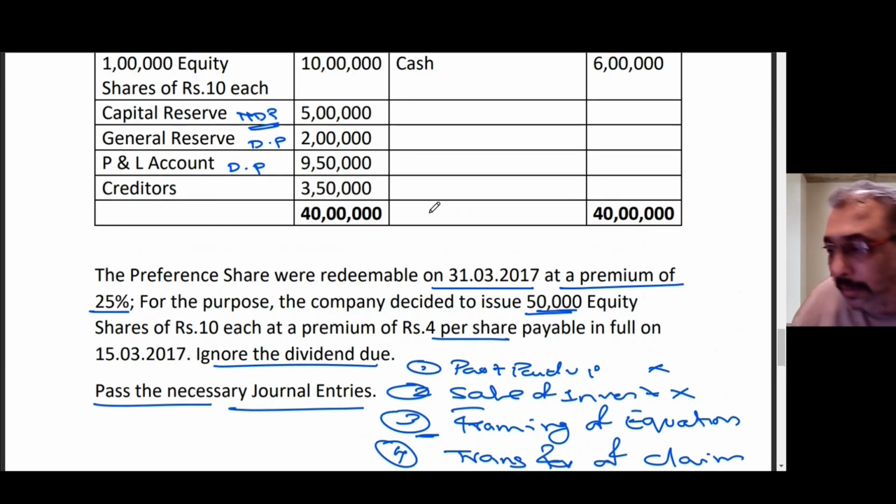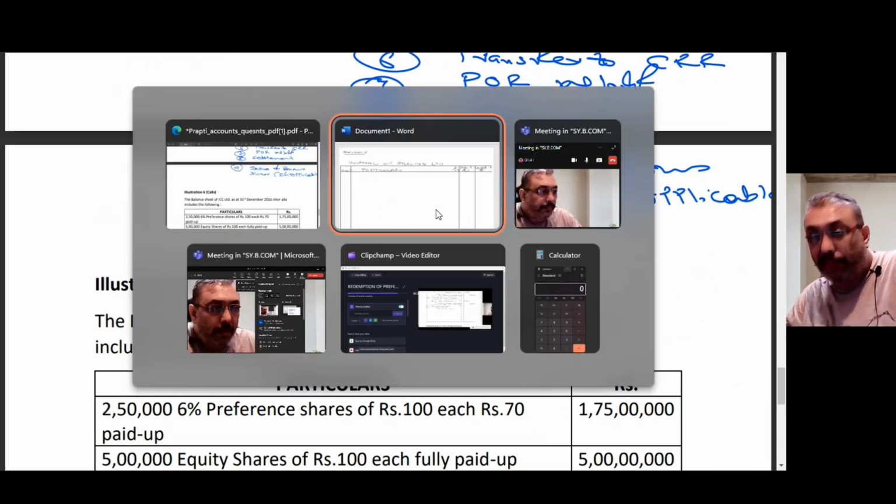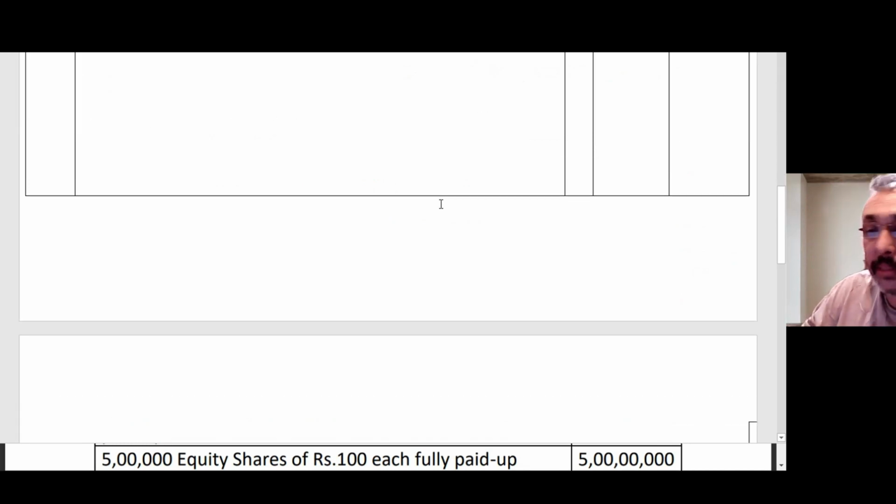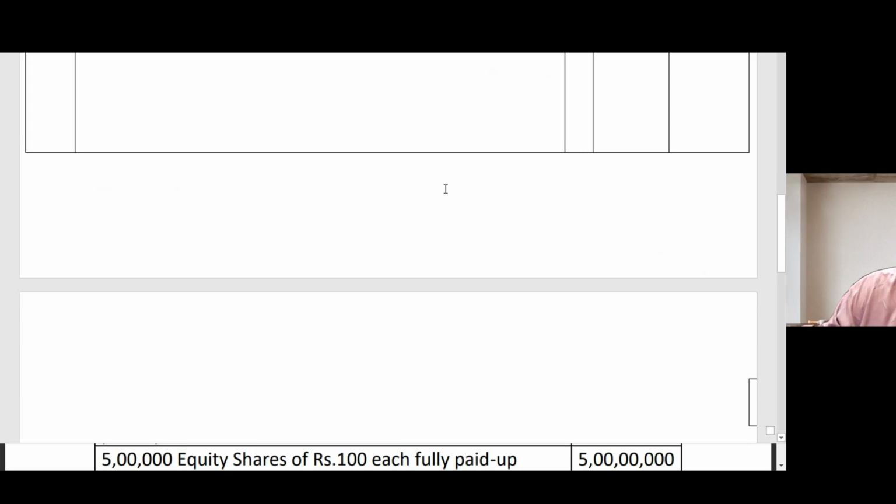Nothing else beside that. So let us start with framing of the equation. तो इक्वेशन है नॉमिनल वैल्यू ऑफ प्रेफरेंस शेयर्स इज इक्वल टू डीपी प्लस फ्रेश इशू.